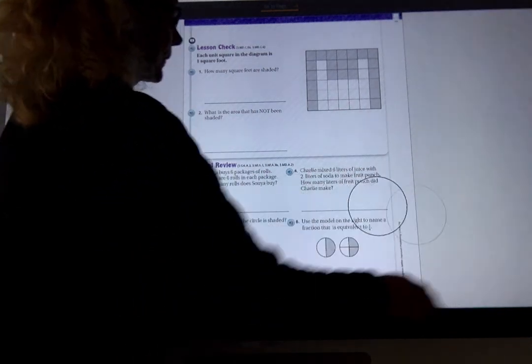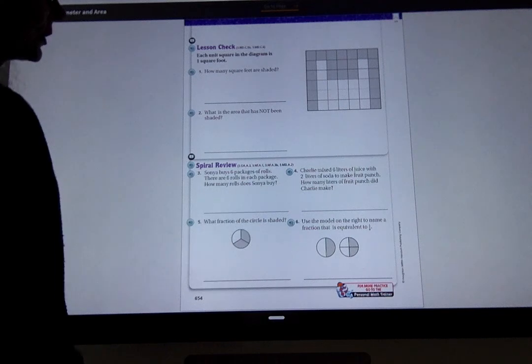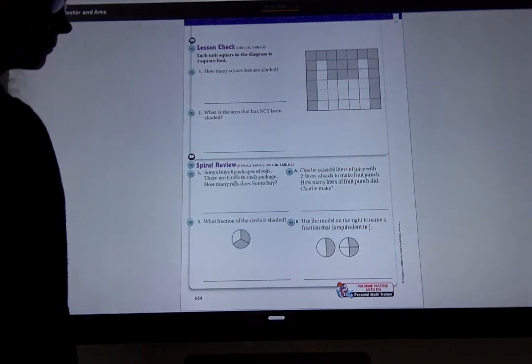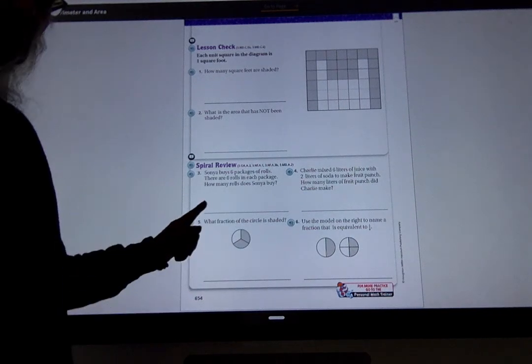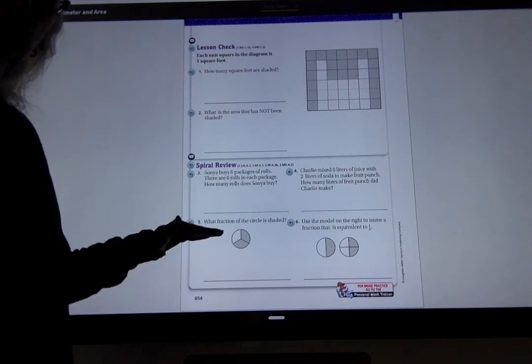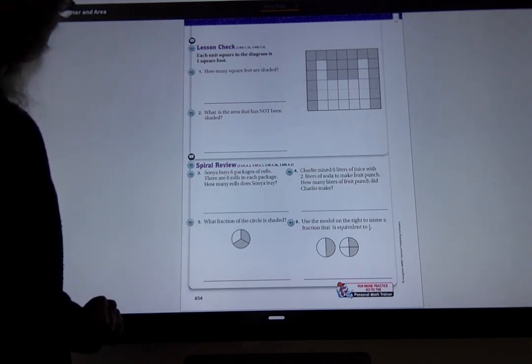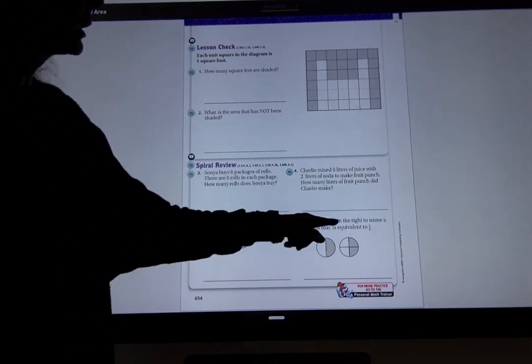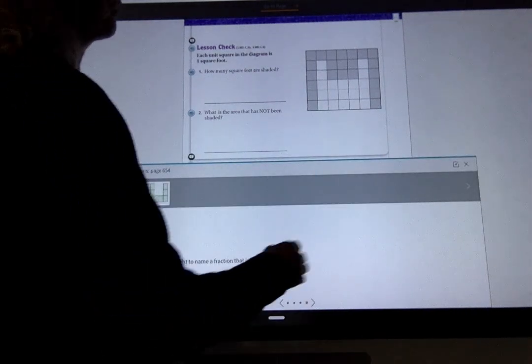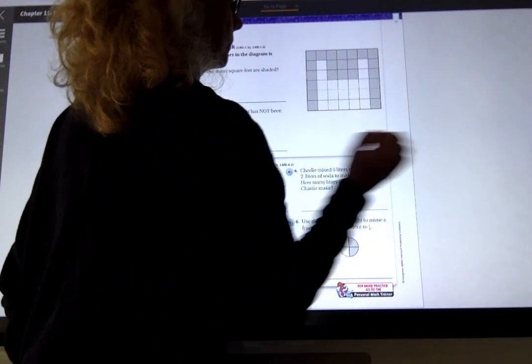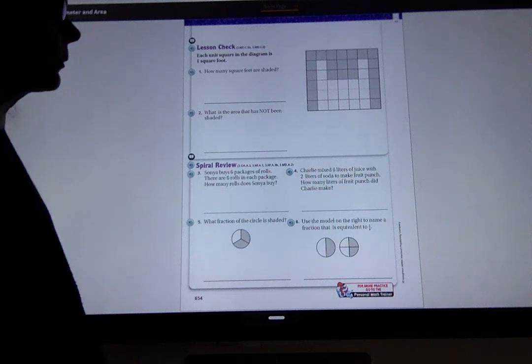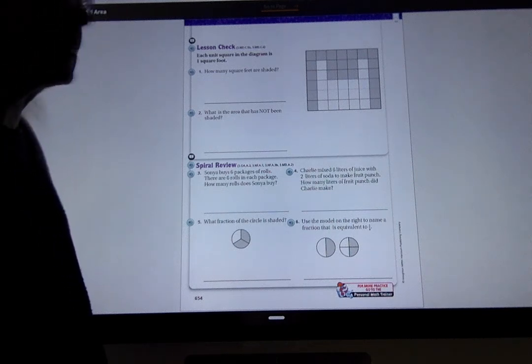Okay. What fraction of the circle is shaded? Count the gray, put it over the total. Use the model on the right to name a fraction that is equal to 1/2.